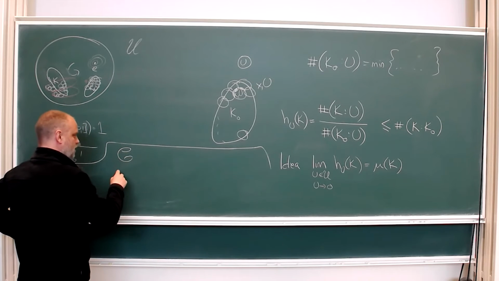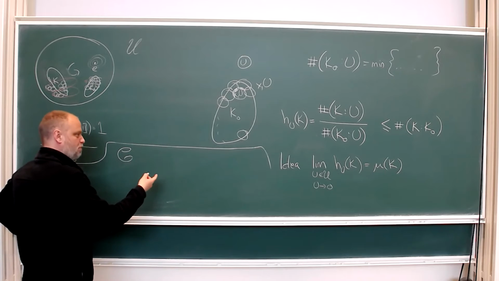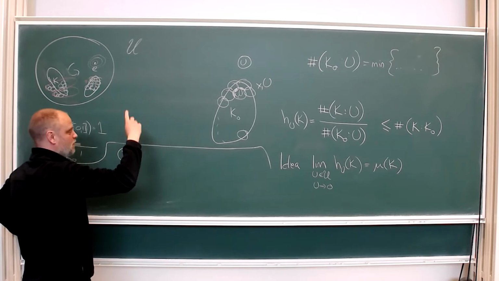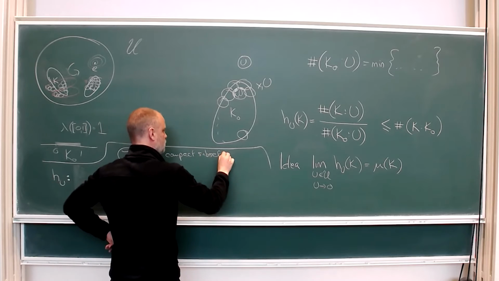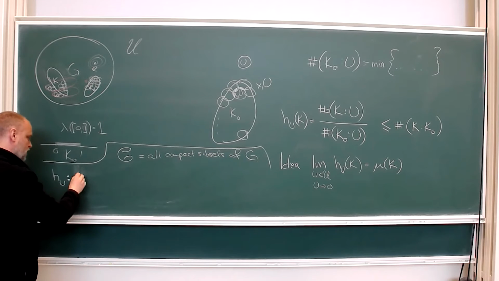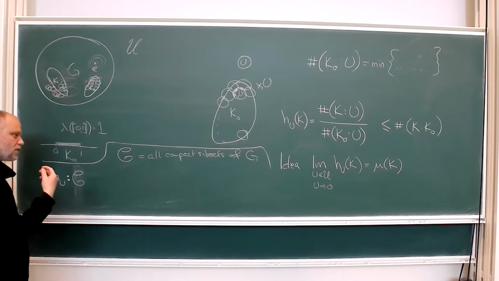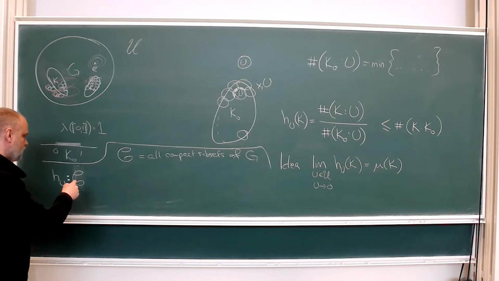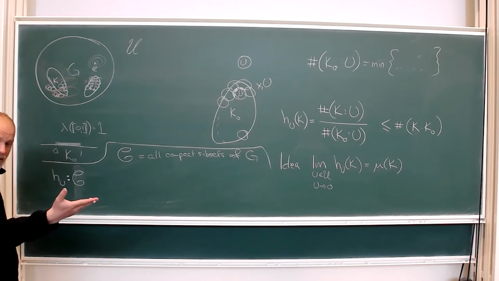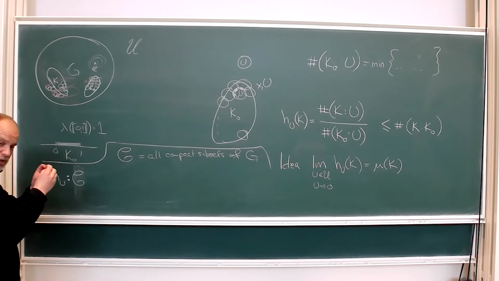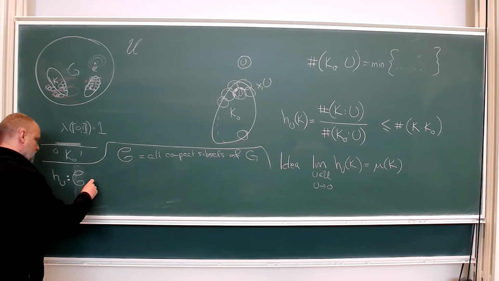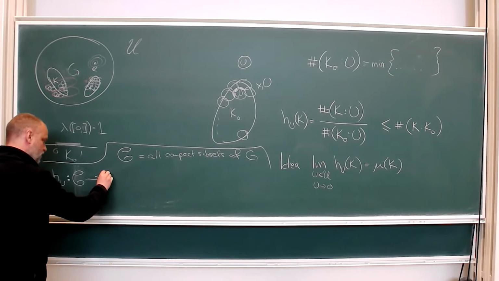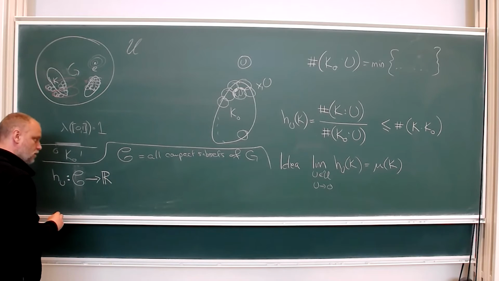Well, curly C, that is all compact subsets of my G. So the function H_U is a function on C. But instead of thinking of it as a function that ends up in R, we're going to think of it more like a sequence. So H_U is a function on C with values in R.